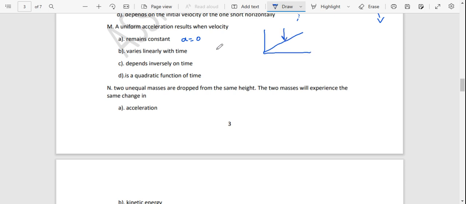So this will give you a constant acceleration. Now, if it depends inversely on time, it will go like this. This is the deceleration. It's a quadratic function of time, meaning it is something like this or something like this. So that will not give us a constant, a uniform acceleration. It will be a changing acceleration. So the answer is B.